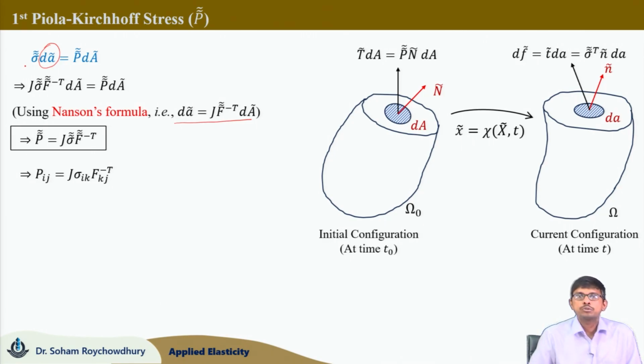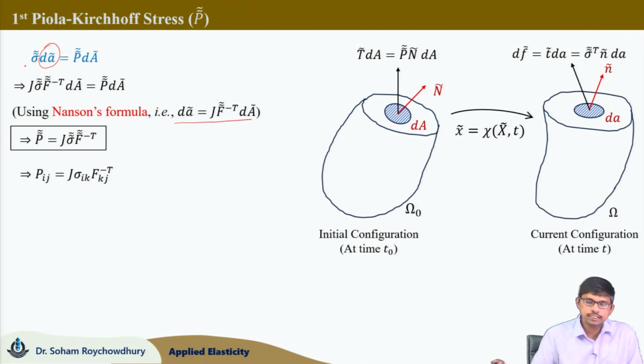They are related through J, the Jacobian, and F inverse transpose, the transpose of the inverse of the deformation gradient tensor. In index notation, we can write the components of P as P i j equals J times sigma i k F inverse transpose k j.